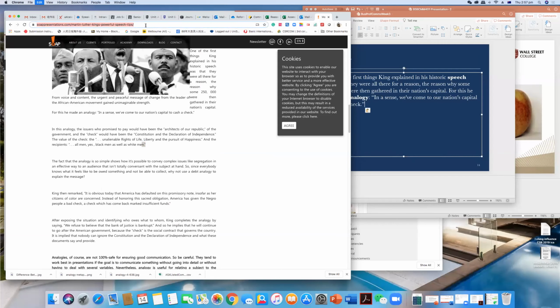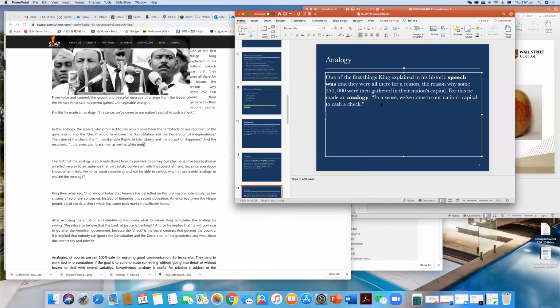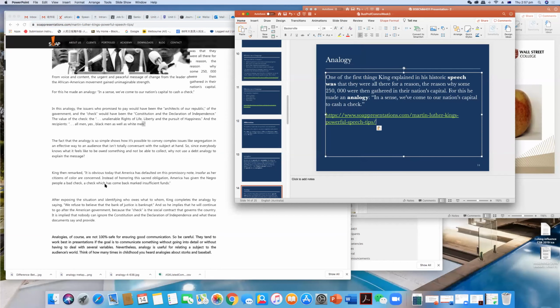Yes, here's the explanation. I put it here. It's explained why it's an analogy. Complete analogy by saying we refuse to believe that the Bank of Justice is bankrupt. And he implied that he will continue to go to the American government, because the check is a social contract.